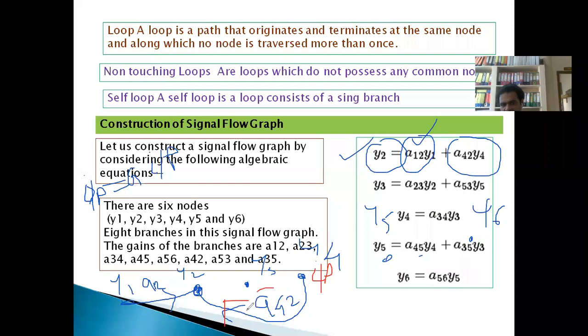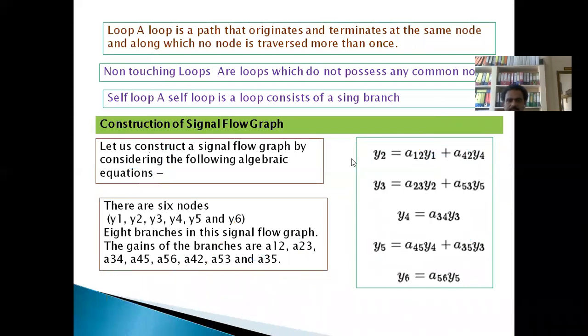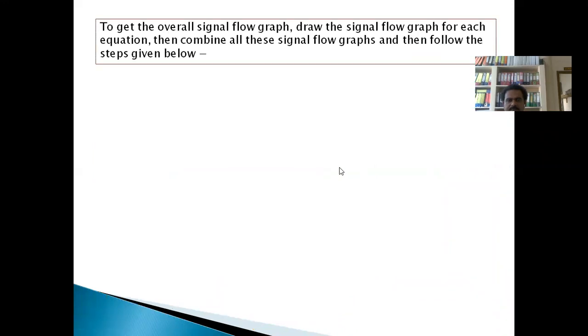Input multiplied with gain, you will get output. Similarly, input multiplied with gain, you will get output. So Y2 is the output, this is the effect. Causes are Y1 and Y4.